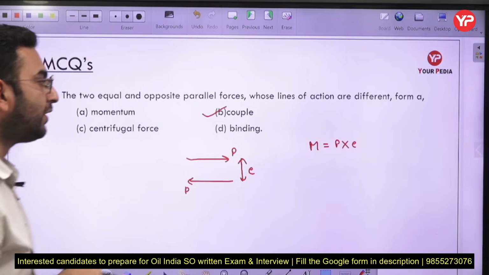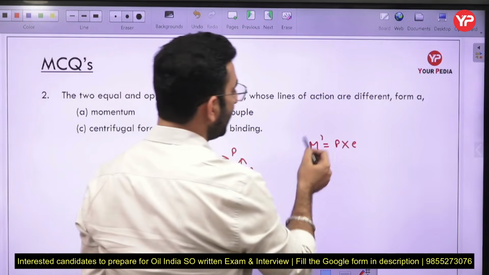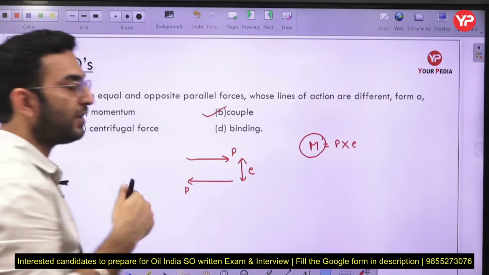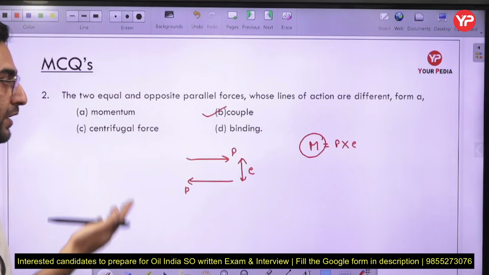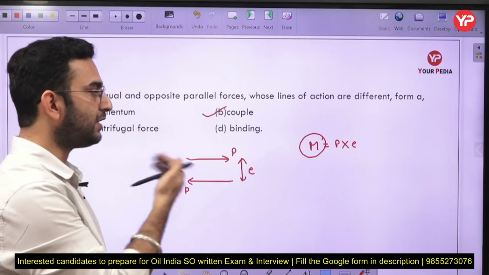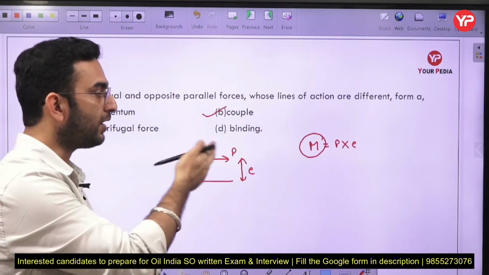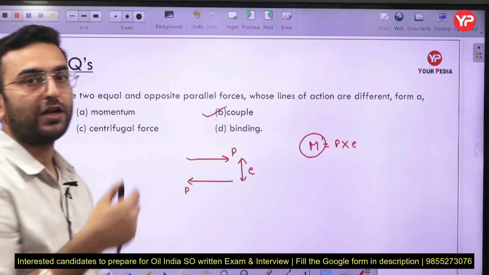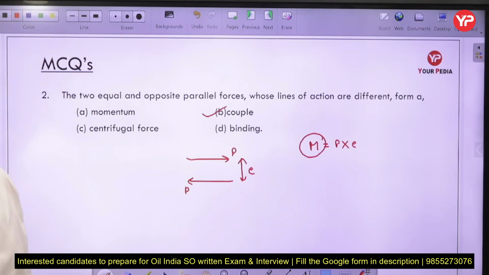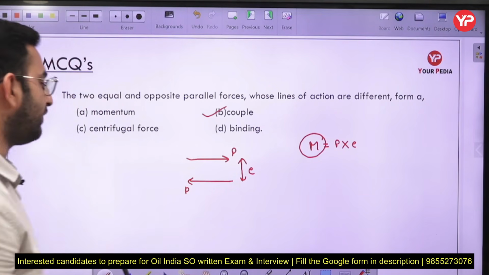If this couple is parallel to the area of cross section, we say it is a twisting couple, and when this moment or couple is perpendicular to the area of cross section, it is known as a bending moment. That is a very simple definition.